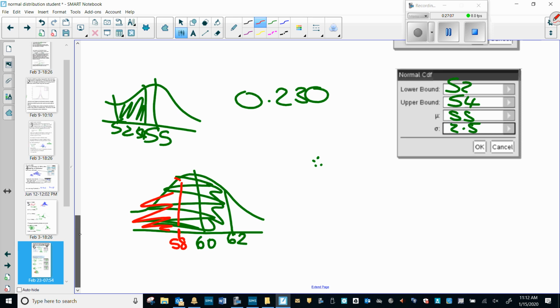Does anyone see anything that we could possibly do? I'm just trying to get what's actually happening in that case. Why did I choose 58? This is 2 less than 60, and this value was 2 more than 60, yes? What do we know about this graph? It's symmetrical, yes? So this portion here has to be equal to this portion here.